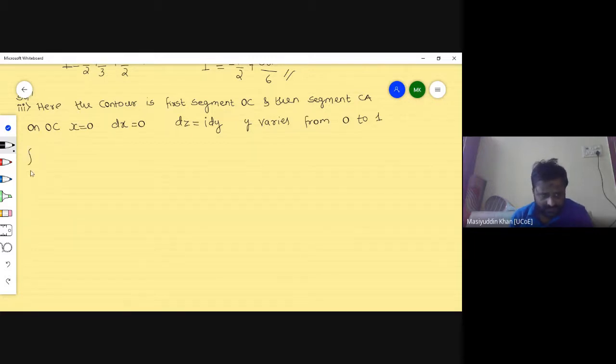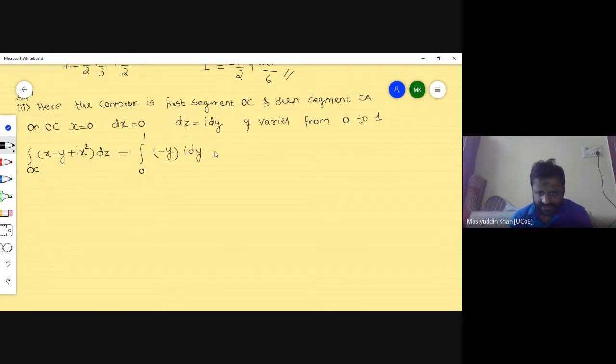So on OC, x minus y plus ix square, this is our function, into dz, which is equal to the integral from 0 to 1, x is 0, so this part is 0, so minus y into I dy.